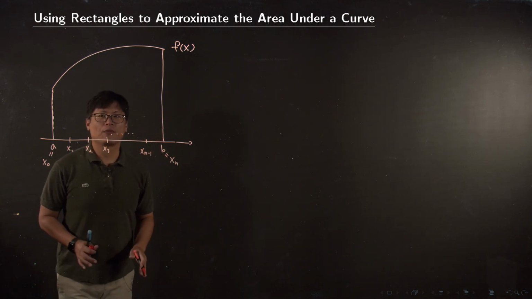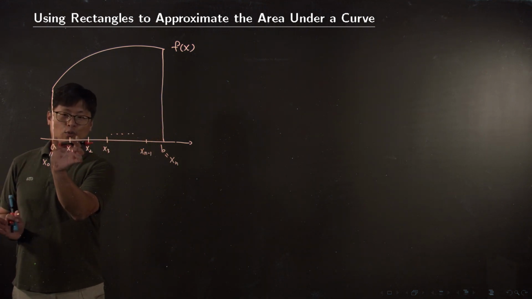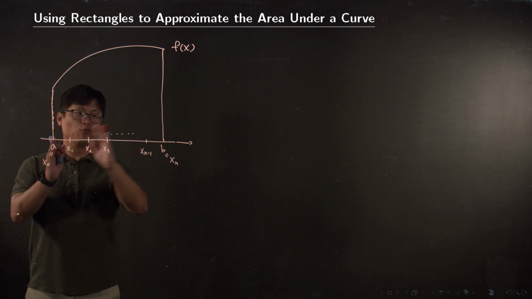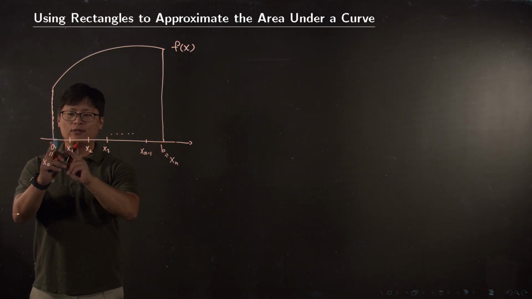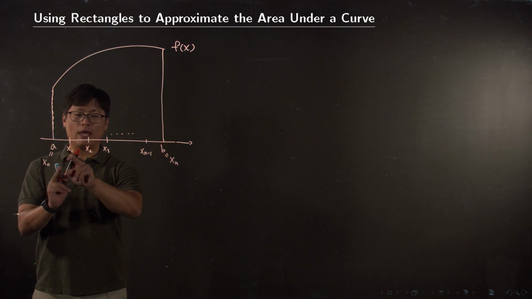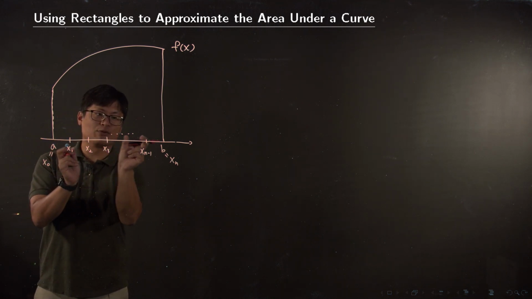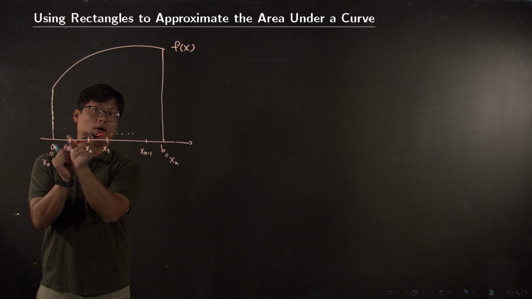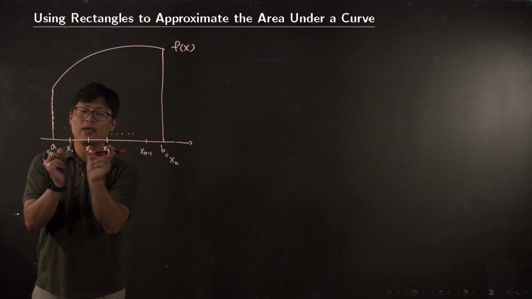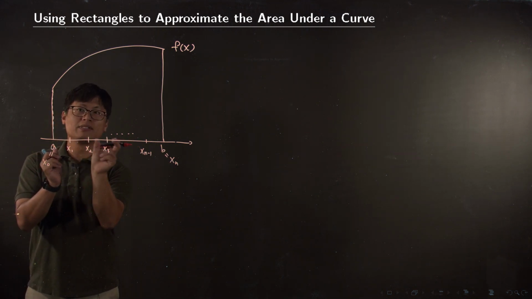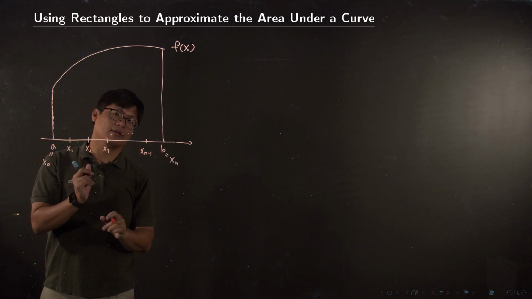Are you okay so far? This A to B is the interval, and x0 to x1, x1 to x2, x2 to x3, each small interval is a subinterval. These subintervals will be the base of each rectangle.